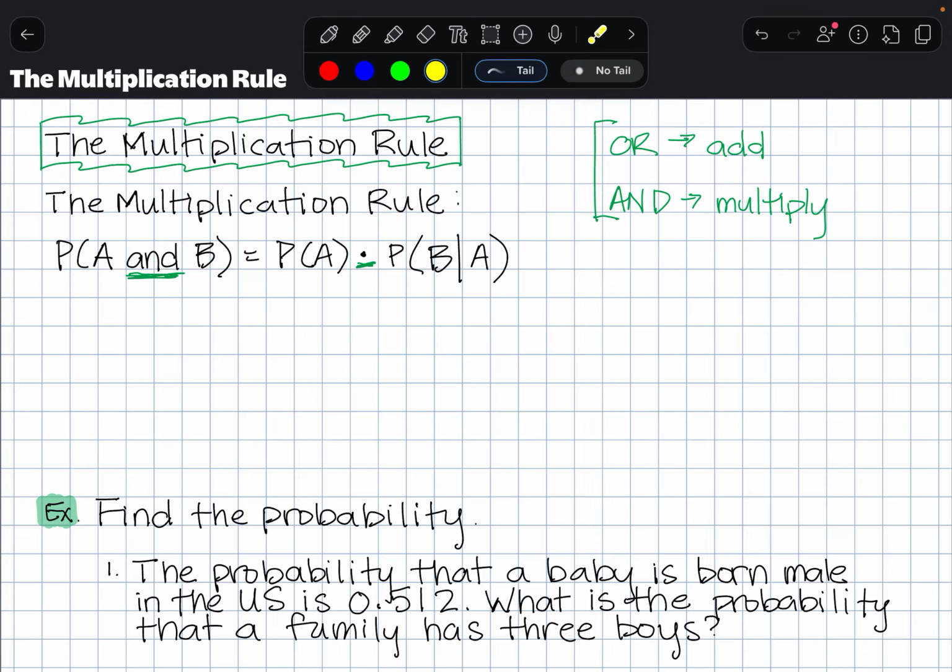"Or" means a single result can be one or more events, meaning a single card in a deck of cards can be red and a queen, right? Or it could be red or a 5, or a jack or a 2. "And" means I want both things to be true at the same time. So this is an either or, this is a both have to be true.